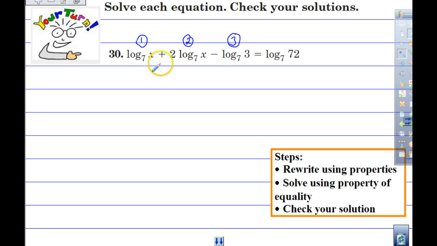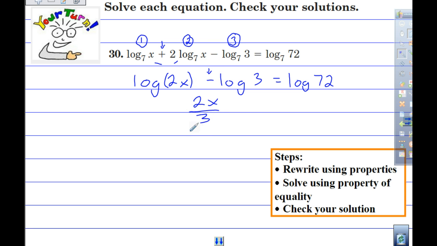So the first two, what do these two make if they're addition? Log of what? 2x. You know, log of 2x minus log of 3, log of 72. And then do one more step. Now it's subtraction, right? So 2x over 3.